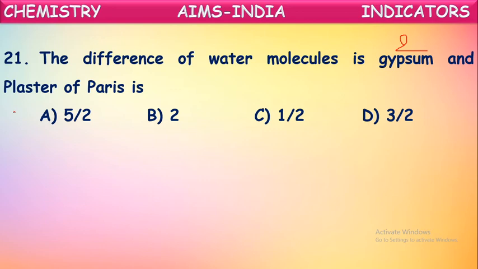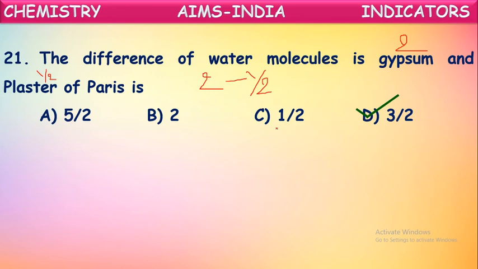It is called hemihydrated calcium sulfate, meaning the number of water molecules in plaster of Paris is half. Gypsum is called dihydrated calcium sulfate. Now the difference between these two: 2 minus 1 by 2. We calculate and get 3 by 2.